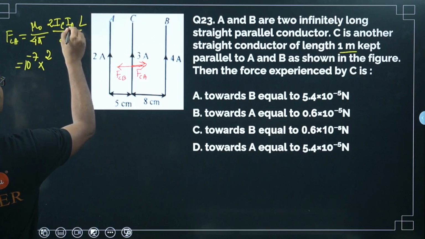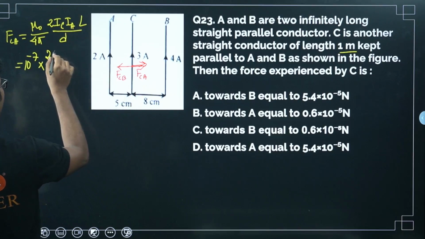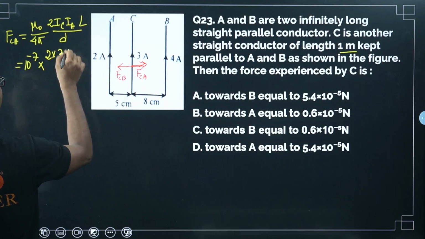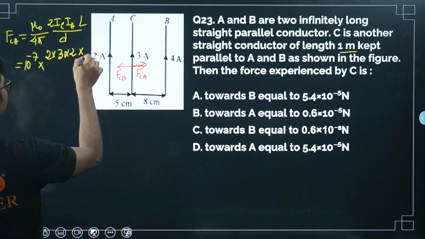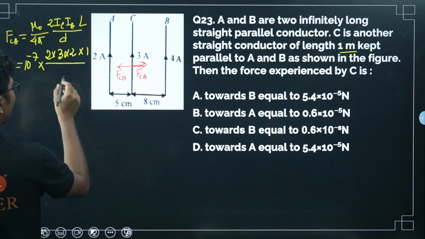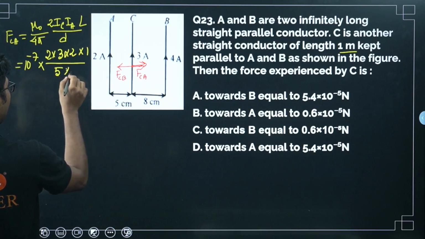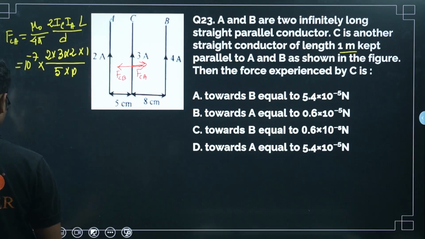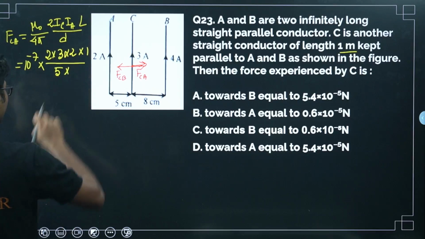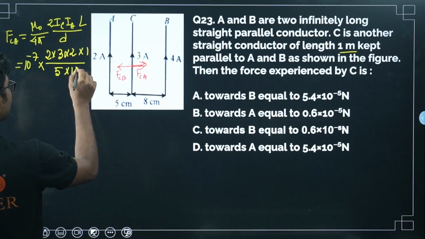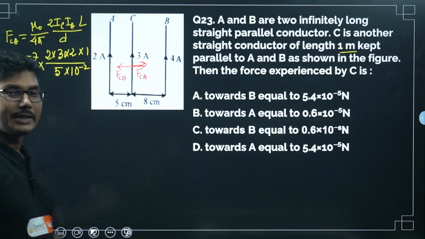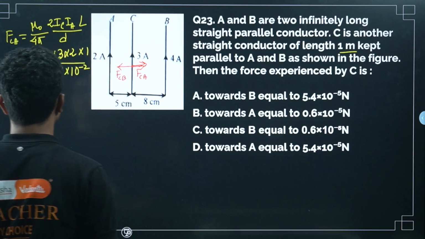I C I A. IC is 3 ampere, IA is 2 ampere, L is 1 meter, divided by the distance, which is 5 centimeter. But as I told you, we have to convert it into meter, and the easier way, especially when you are confused how many decimals will be there, is to write it as 10 to the power of minus 2. Always take help from 10 to the power.